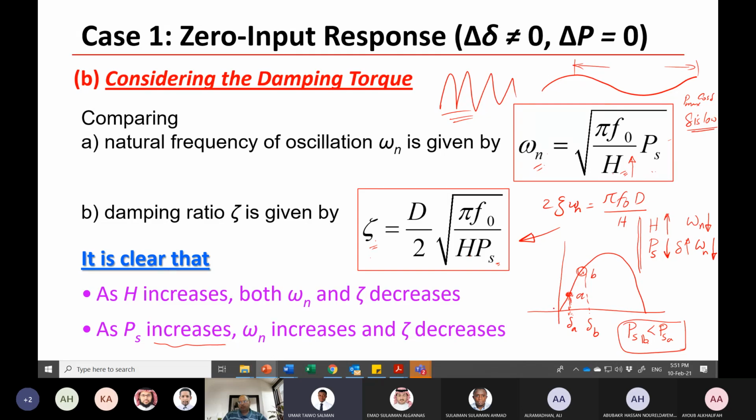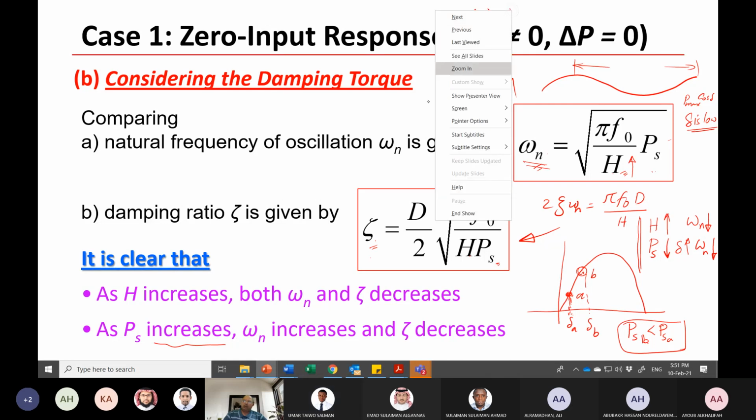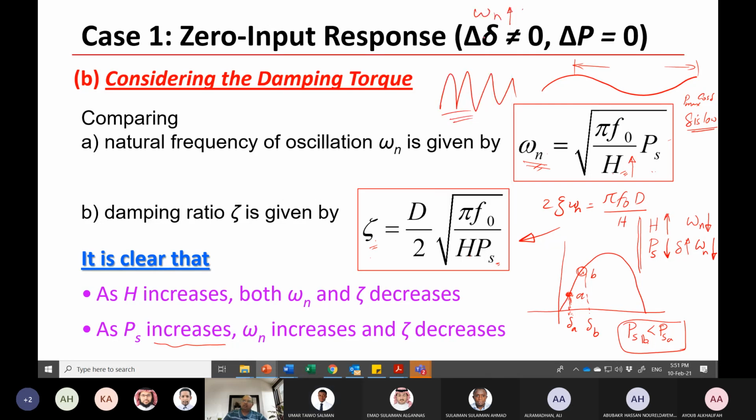By the way, I would like to emphasize one point to avoid any confusion. Whether omega n increases or decreases, it doesn't mean the system becomes stable or unstable. When we say omega n increases, it does not mean the system is approaching instability. This depends on the oscillation frequency. It has nothing to do with the damping, or whether the system is stable or unstable.